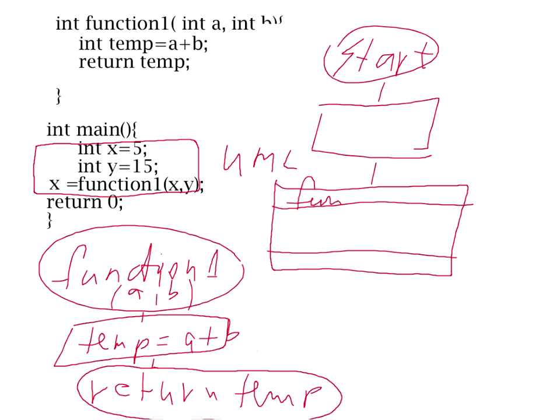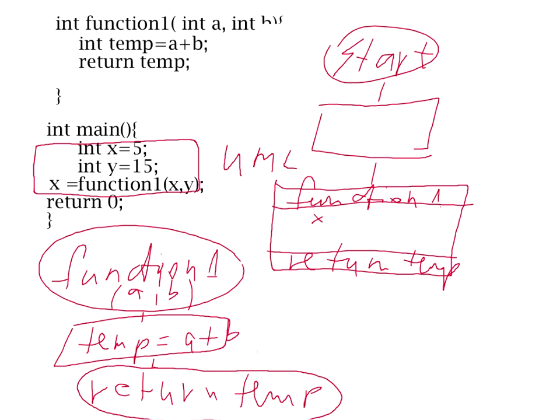So in the UML, you have the name of the function in the top portion. Function 1 is the name. What we return is temp.